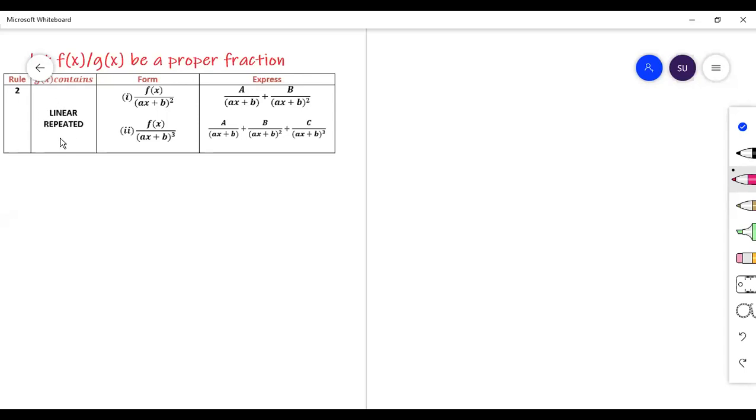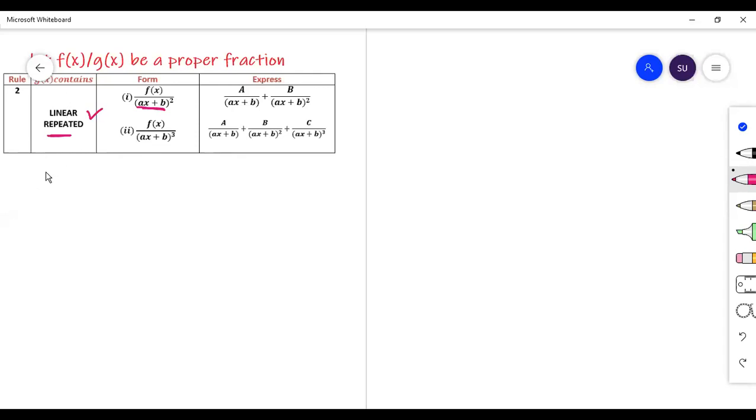Here in this model, linearly repeated. Repeated means the linear factors of the form ax plus b when it is repeated twice or thrice or four times or n times, whatever it may be.